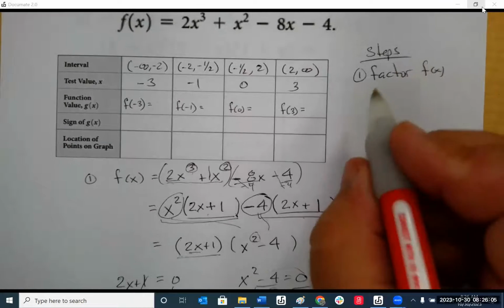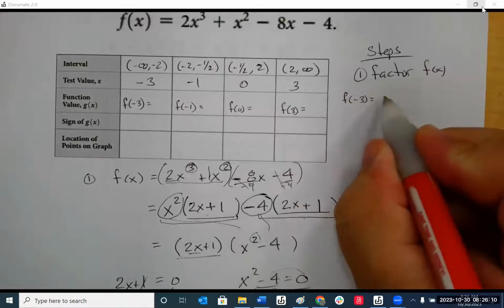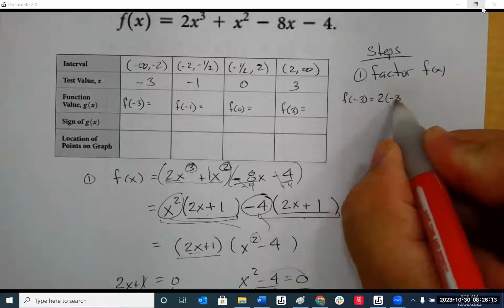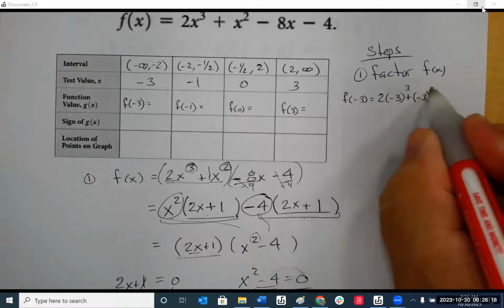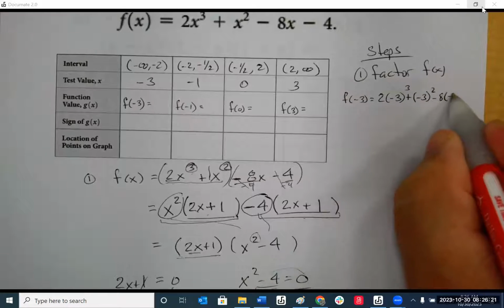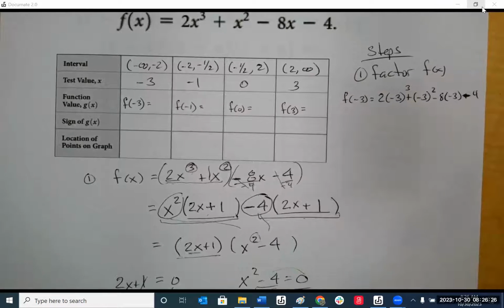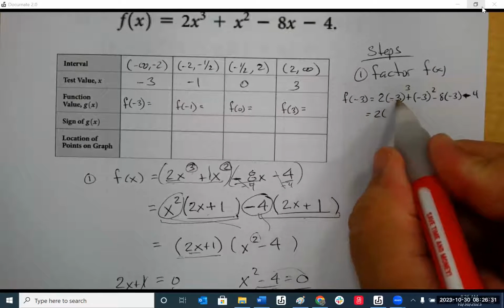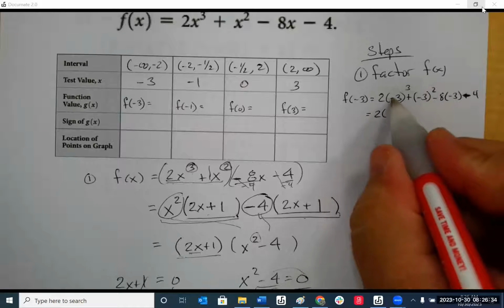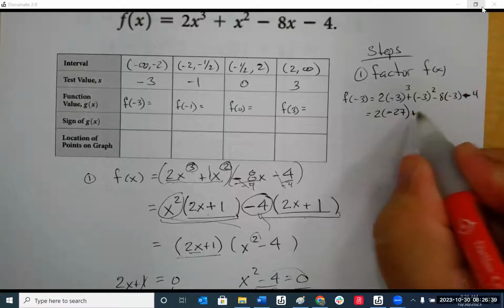All right, so the first one we have 2 times -3 cubed plus -3 squared minus 8 times -3 minus 4. -3 times -3 times -3 is going to be -27. -3 times -3 is +9.